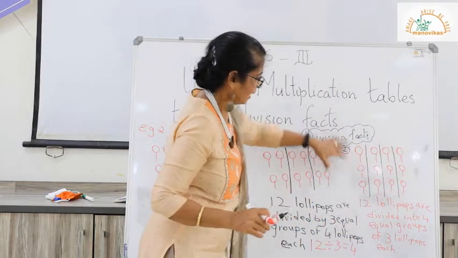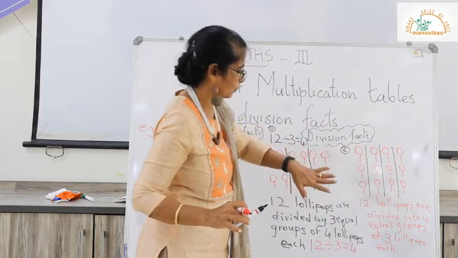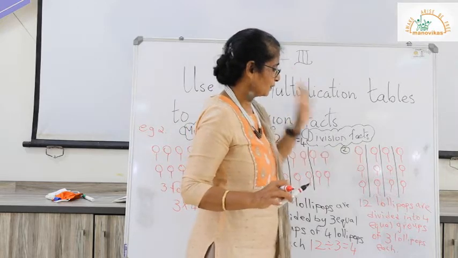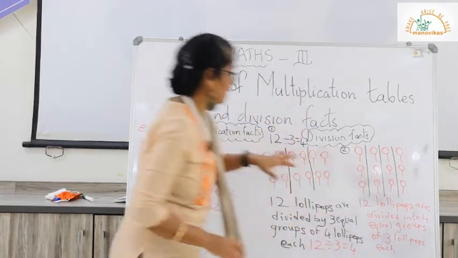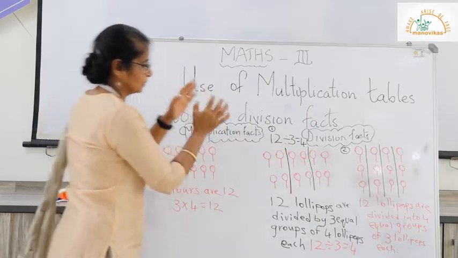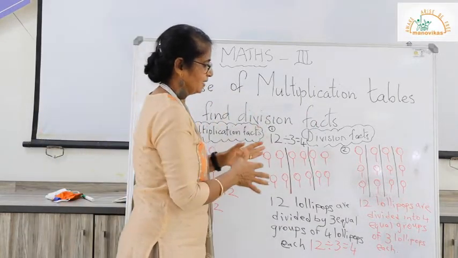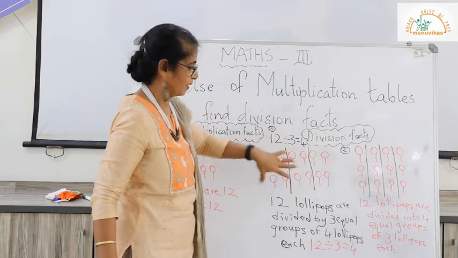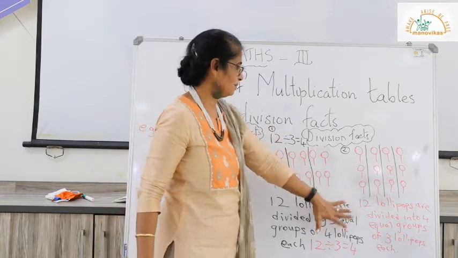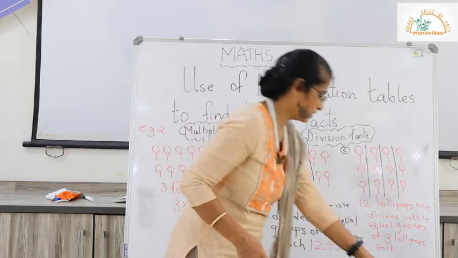That means we have divided the 12 lollipops into 4 groups of 3 lollipops each. What have we done here? We have only done the drawing and dividing, because division is equal sharing. By equally sharing into groups, we have derived, or we have got, the division fact.